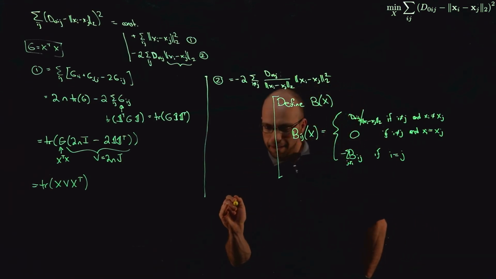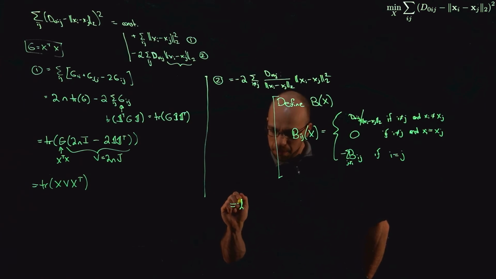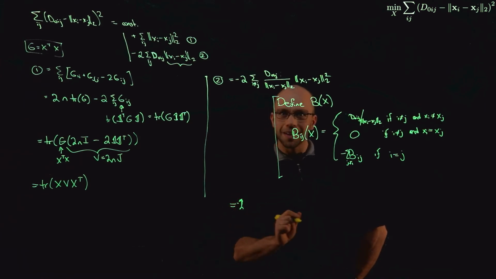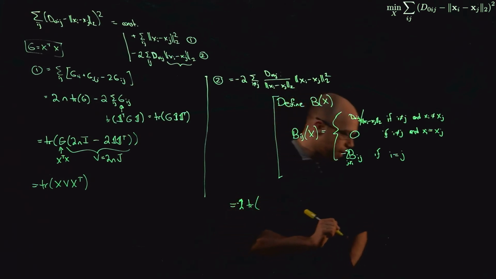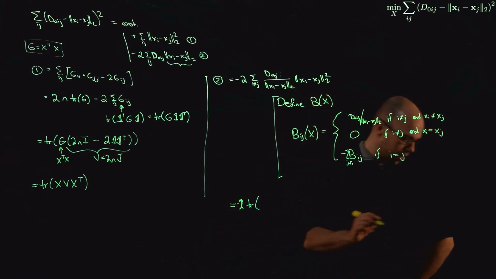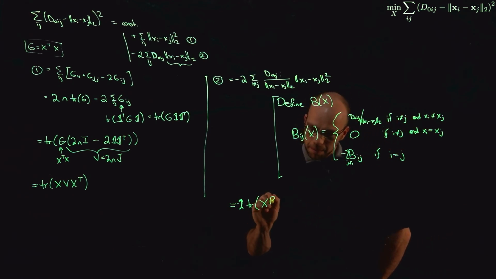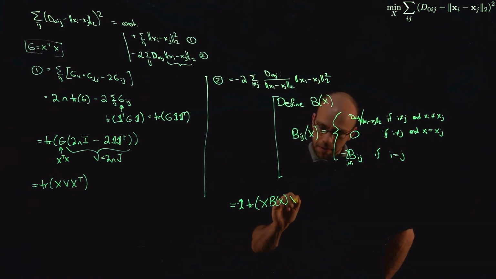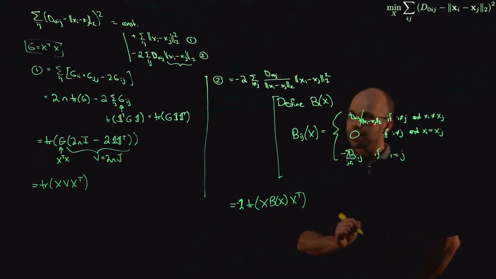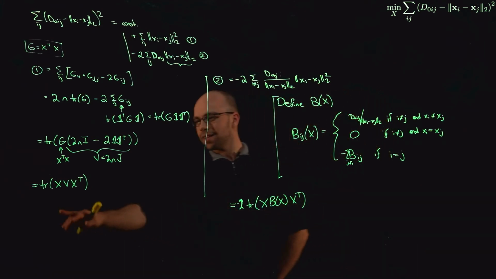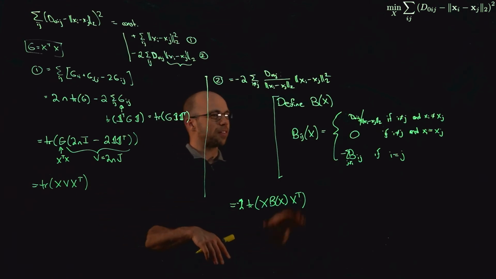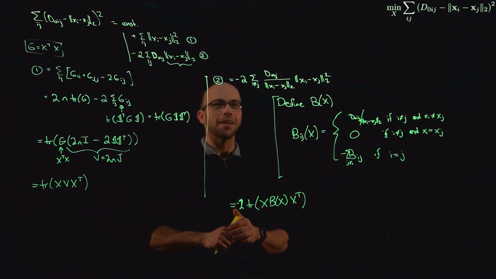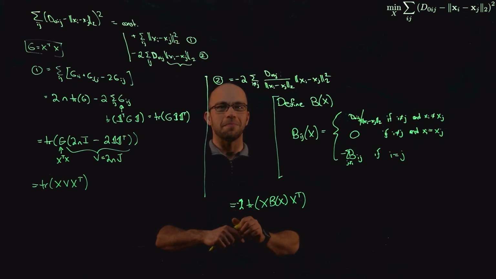Okay, so in this case, this is equal to minus 2 times the trace of x times B of x times x transpose. And why is that? Well, it's basically, at this point, just an identical argument to what we did on the left-hand side. All we did was absorb all of the annoying math into this little coefficient matrix B.